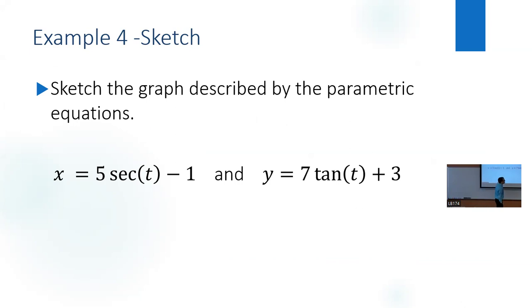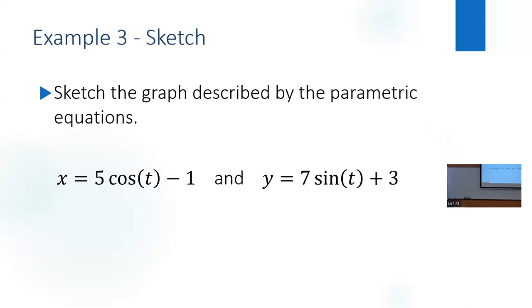So we can sketch either by plotting points on a graph, or we can sketch by using technology. And we just saw in examples 1 through 4, all of our conic sections can be written in kind of interesting ways with parametrics.